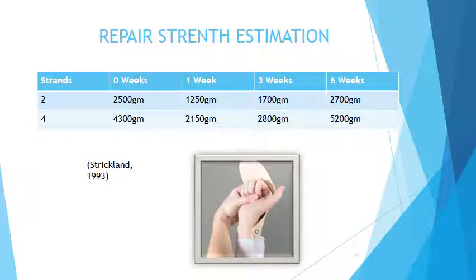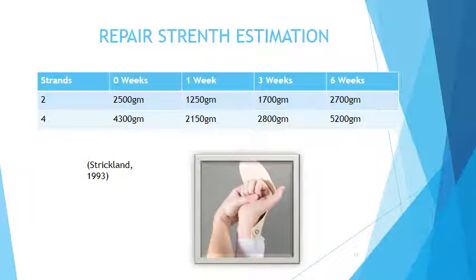At 1 week, you can see that there's a decrease where the tendon is significantly weaker, where it can only handle 1,250 grams of force. Then it gradually becomes stronger again at 3 weeks, 1,700 grams, and at 6 weeks, 2,700 grams.